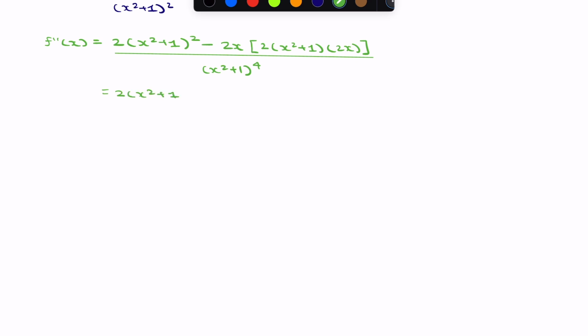And here, now we're going to simplify this a little bit. So we have x squared plus 1 times 2 times x squared plus 1 minus 2x, and then we'll simplify things inside. So if we simplify this inside, we'll get x squared plus 1 minus 4x squared, and here it's over x squared plus 1 to the power of 4.